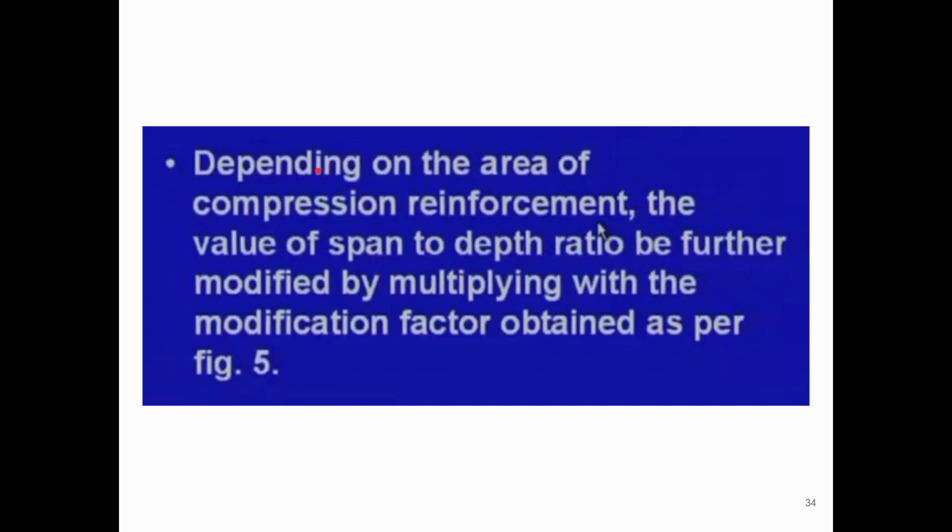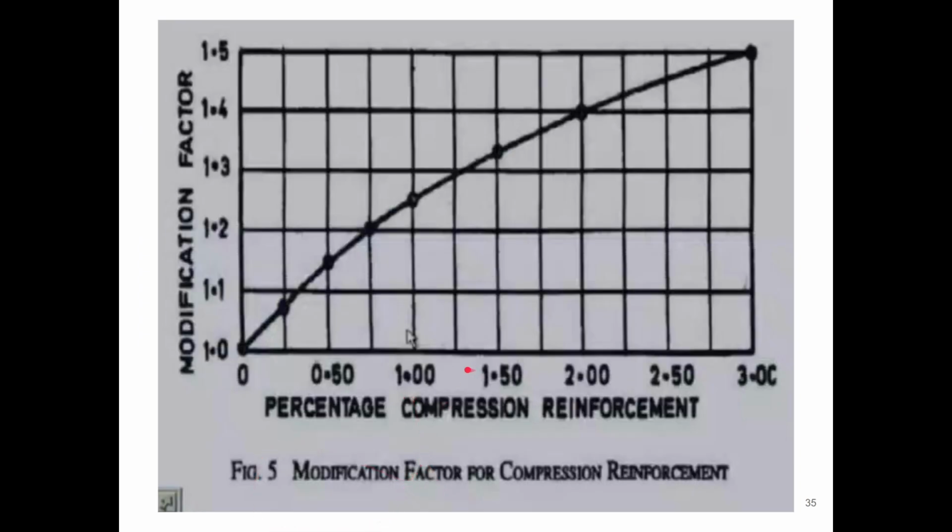Similarly for compression, depending on the area of compression reinforcement, the span to depth ratio will be further modified by multiplying with the modification factor obtained as per figure 5. This is the modification factor chart for compression reinforcement: percentage compression reinforcement against the modification factor.